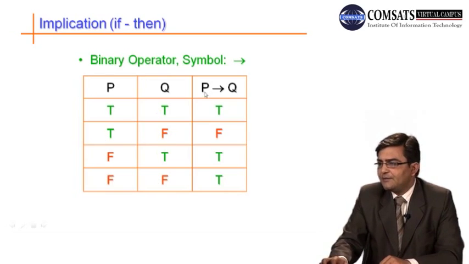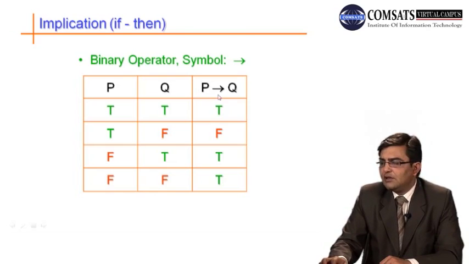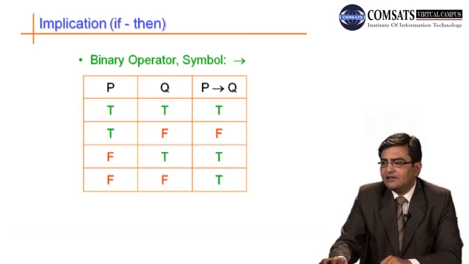The conditional statement, or implication, P implies Q: if P is true and Q is true, then P implies Q is true. If P is true and Q is false, as I told you, if hypothesis is true but the conclusion is false, then this conditional statement P implies Q is false. This is the only case where this conditional statement is false, when the hypothesis is true and conclusion is false.